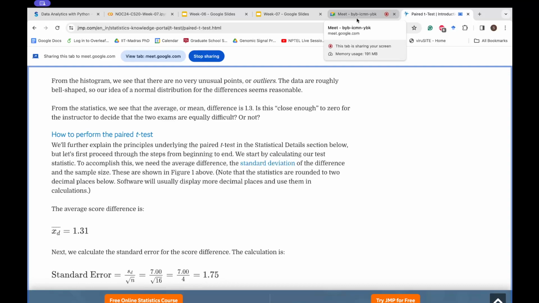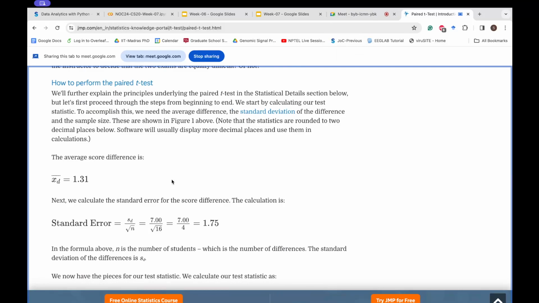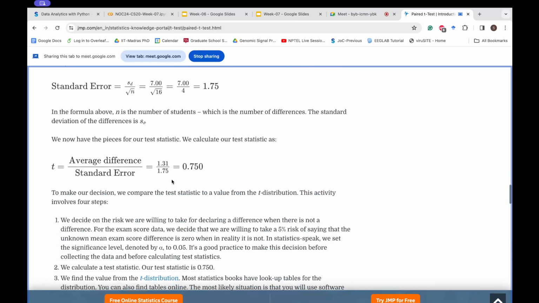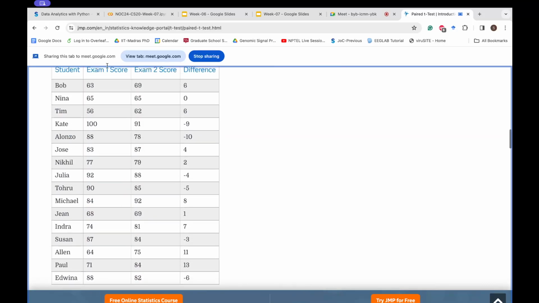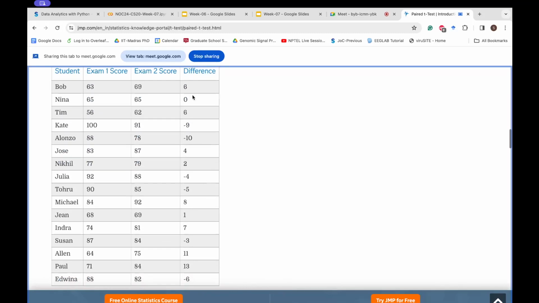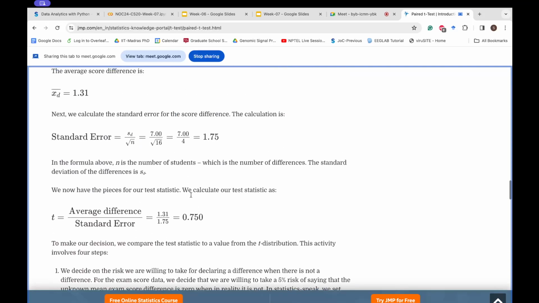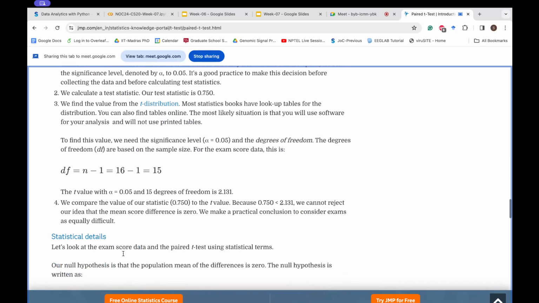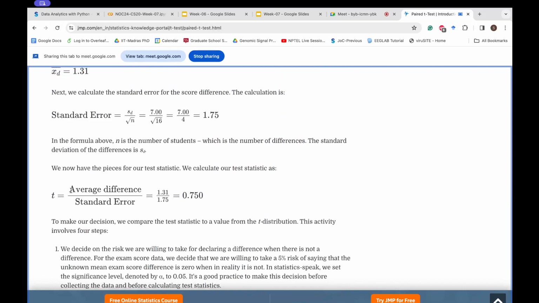Okay, so in this case the statistic is defined as follows. You have one group with certain values, let's say blood sugar level before medication was given, blood sugar level after medication was given, and the difference in the blood sugar levels. You want to see how statistically significant these differences are. So it's simple. You have to compute the t statistic, which is nothing but the average of the differences divided by the standard error.